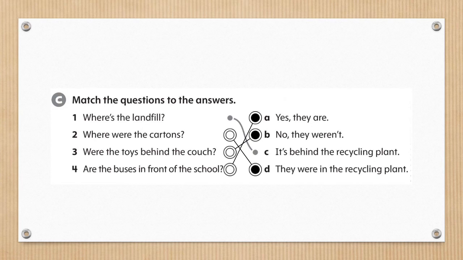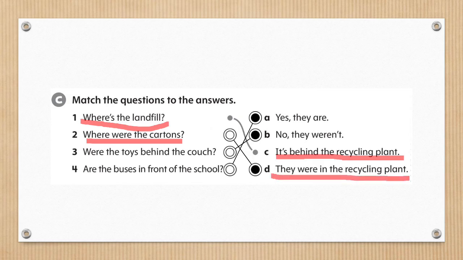The answers for activity C. Number 1, where's the landfill? It's behind the recycling plant. Number 2, where were the cartons? They were in the recycling plant.